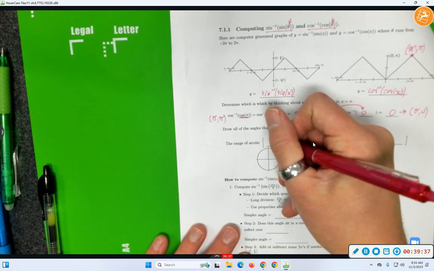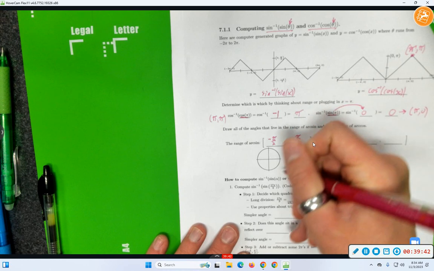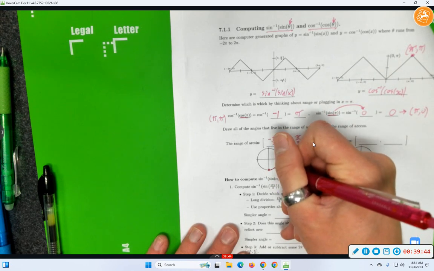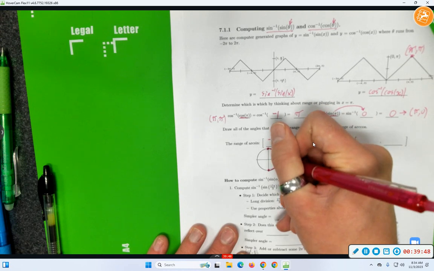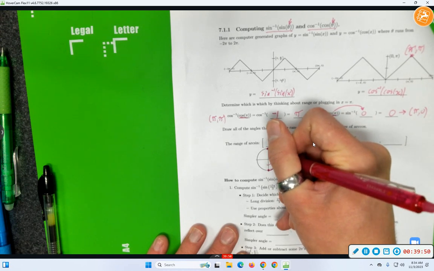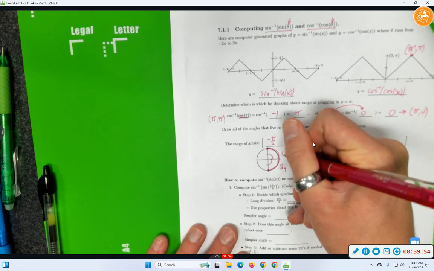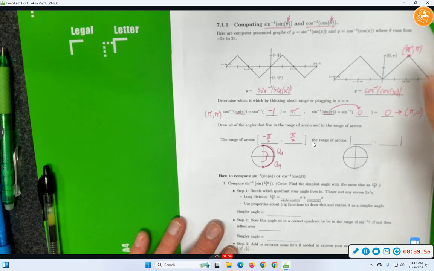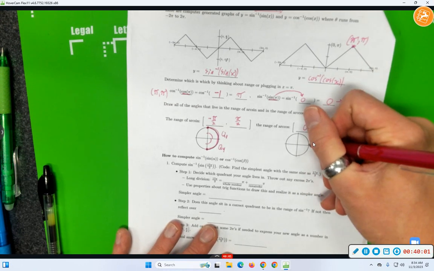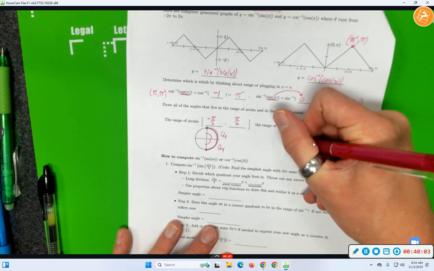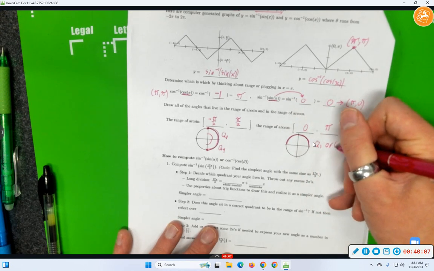The range of inverse sine is -pi/2 to pi/2, so it looks like quadrant 4 or quadrant 1. The range of inverse cosine goes from 0 to pi. That looks like quadrant 1 or quadrant 2.